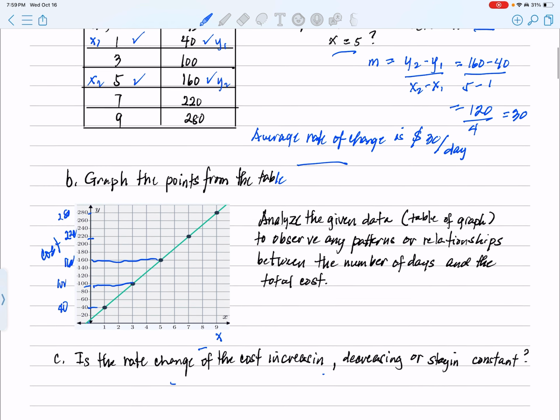This is because the relationship between the number of days and the total cost is linear. So that means the rate of change here is constant. As observed from the graph of the points, the linear relationship, the rate of change remains constant throughout.